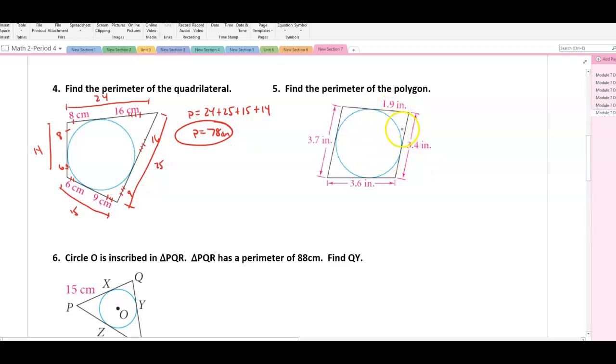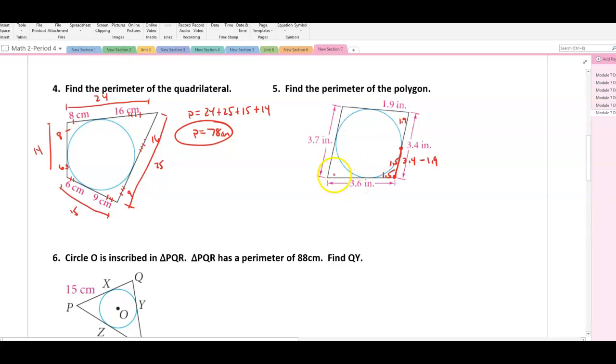Over here, right away, this is 1.9, this is 1.9. Now to find this piece, we're going to take the 3.4, subtract the 1.9, and that would give you 1.5. So this piece here is now 1.5, which makes this piece 1.5.